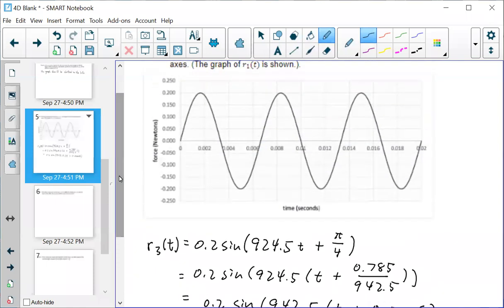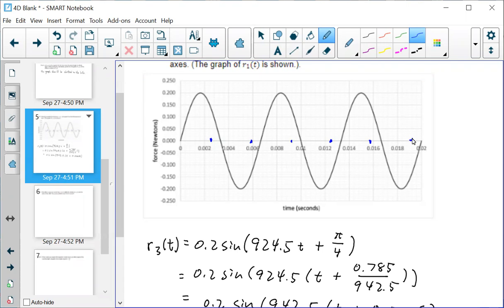We graph this. Let me do this in a different color. I'll just use blue here. And marking the intercepts. And the amplitude will be the same.